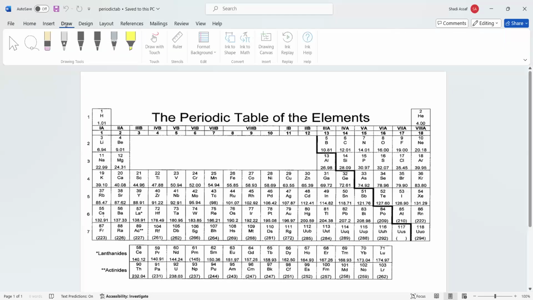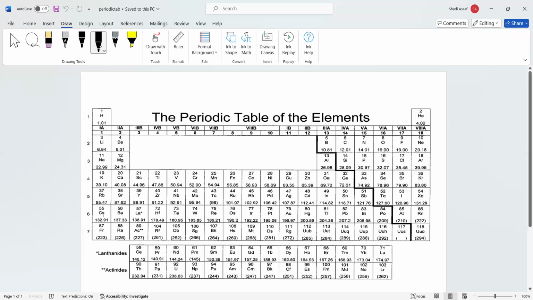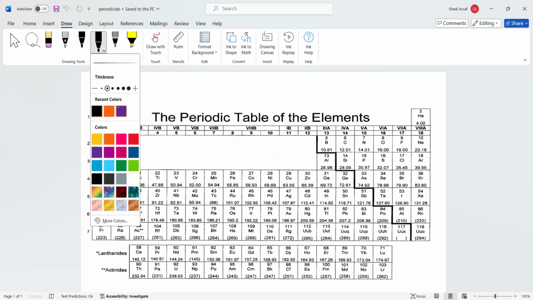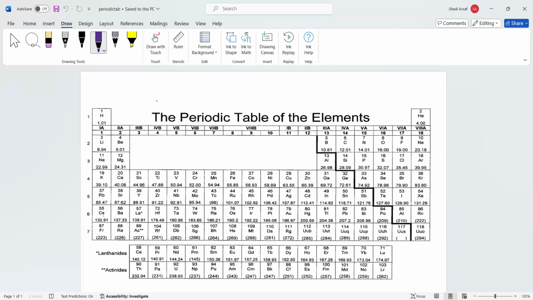So here is the molar mass of hydrogen, 1.01 grams per mole, and here's the molar mass of oxygen, 16. So let's bring these back.